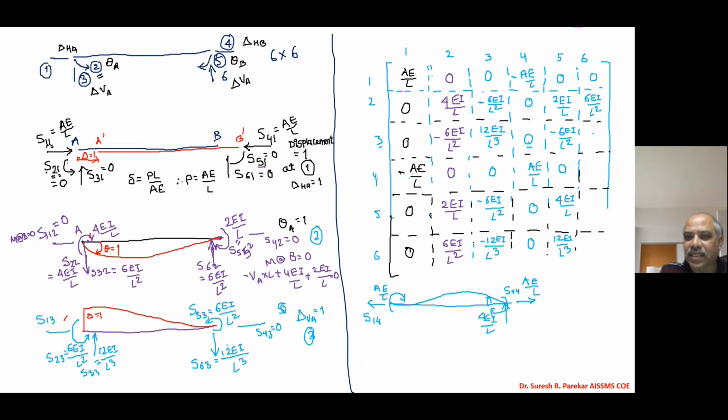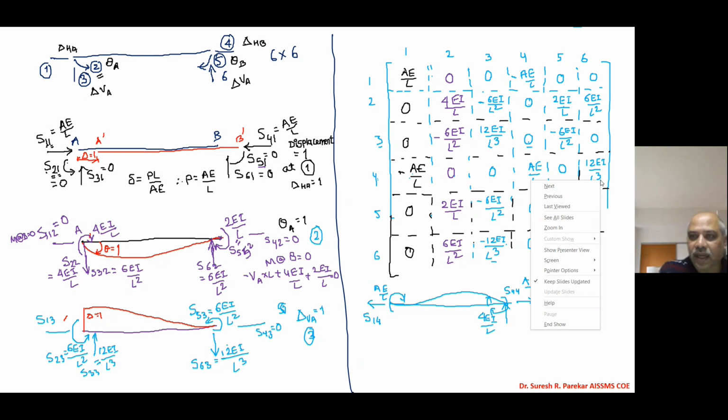Then S36 and S63, we have 0. S46 and S64, we have 12 EI upon L cube. And then we have S65, 56 and then 65. So this is 63 and 36.